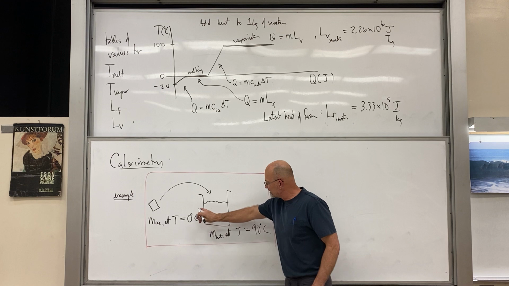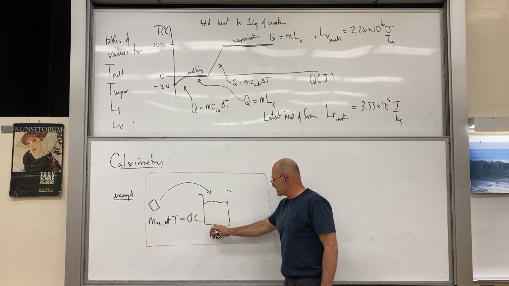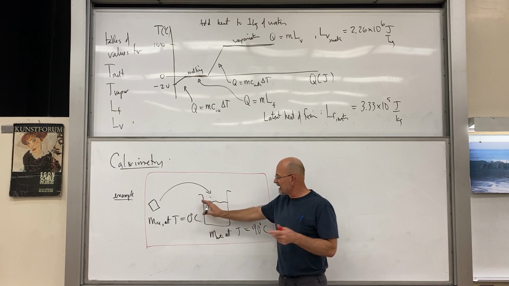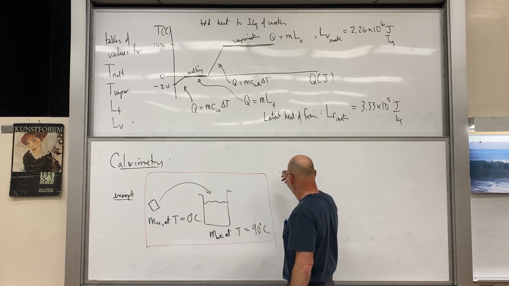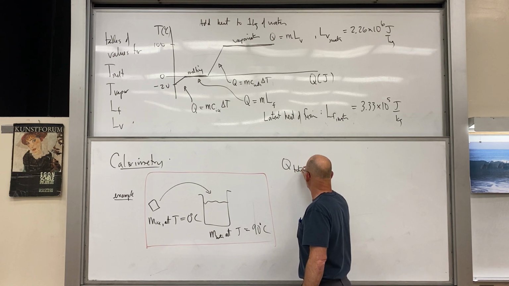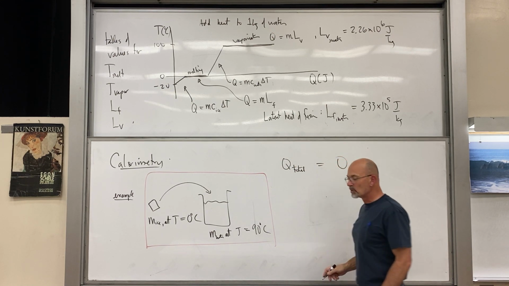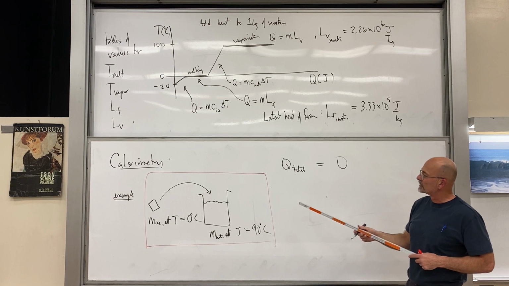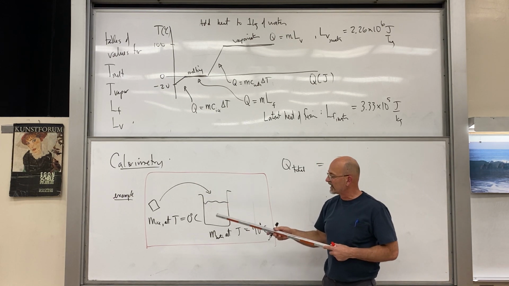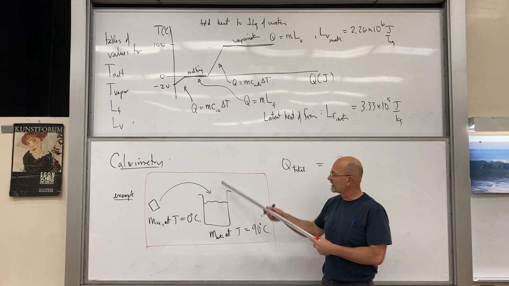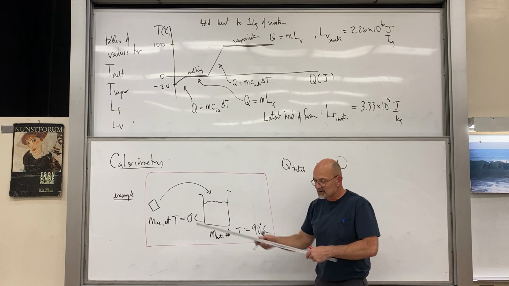If we neglect the mass and specific heat of the beaker for now, just to keep it simple, we have Q total equal to 0. What that means is the total energy exchange in this thing is equal to 0, because nothing came in and nothing went out, just these constituents.